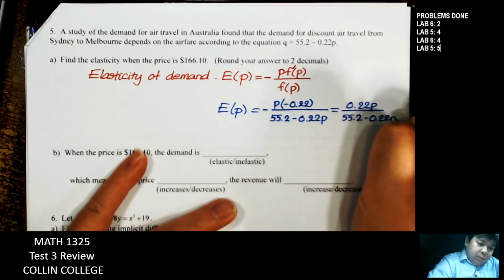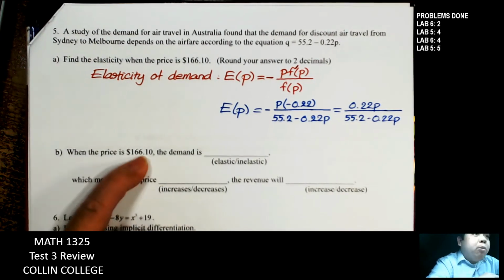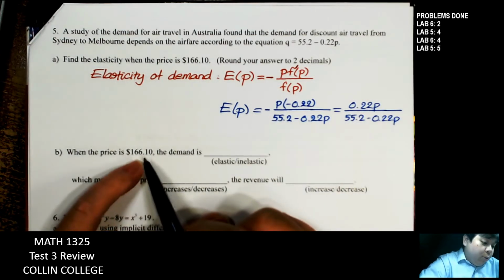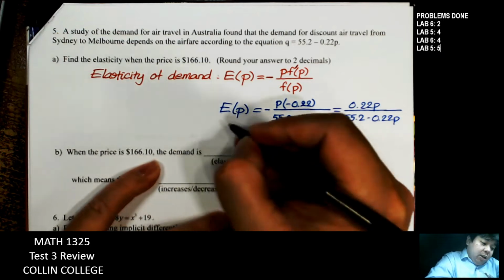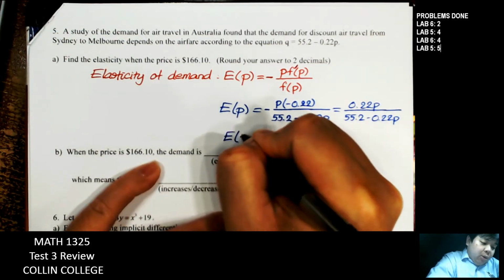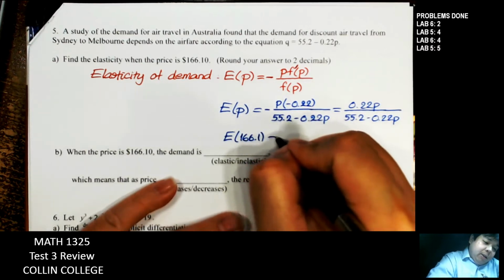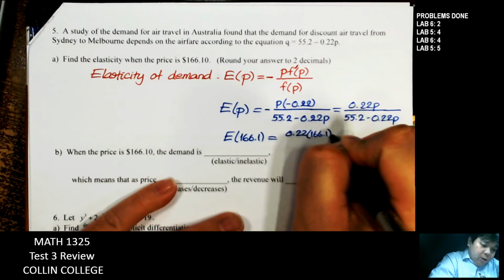Negative and negative will make a positive. Right. Next, we're going to put 1. By the way, that's pretty much it. Next, we're going to put 166 into this and see what happens.